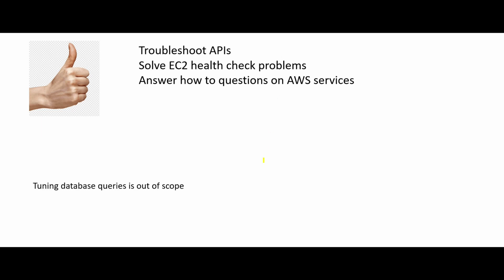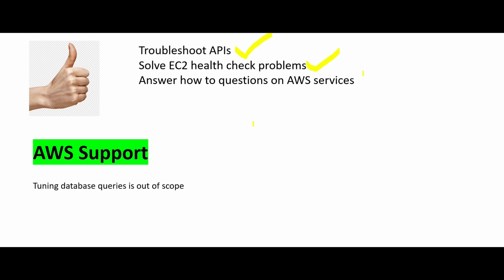See, another question, I have seen this question also, where they might ask whether AWS Support will help you with database queries. It will not. So what does AWS Support help you with? It will help you with troubleshooting APIs, solving EC2 health check problems, and answering how-to questions on AWS.